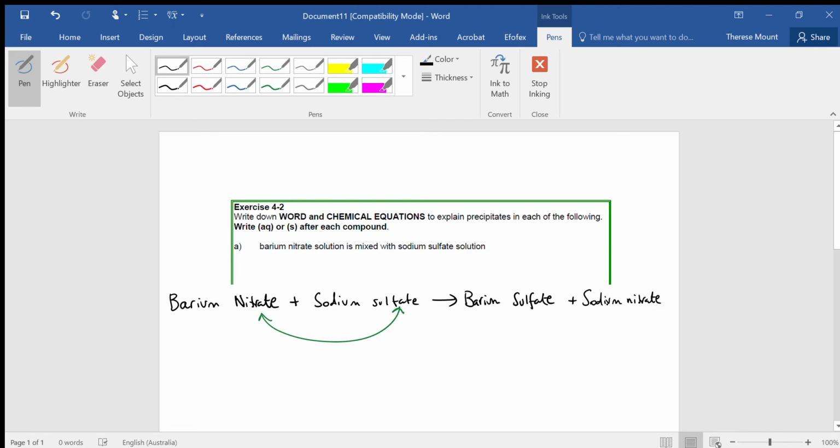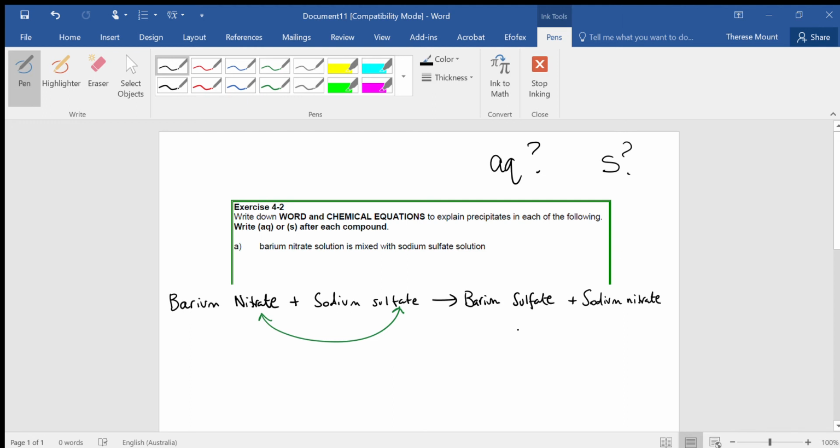Okay, have I got my metals first? Yes, I do. Second step then is to look at my products and decide whether they're aqueous or are they not aqueous, not dissolving in the water, and are they a solid? So we use our solubility table.